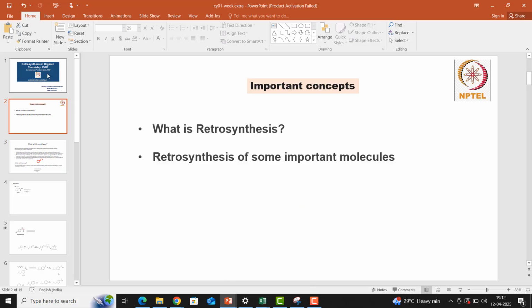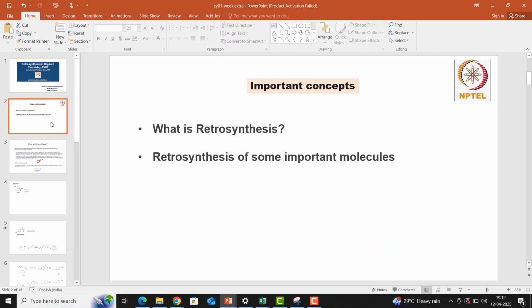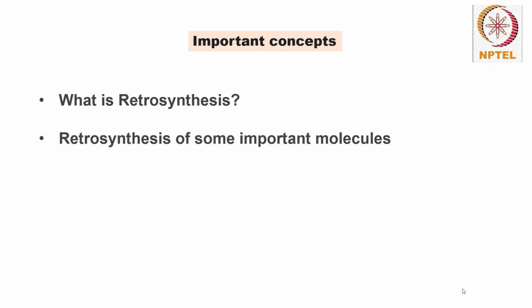So I will just repeat once. Today we will discuss what retrosynthesis is, and some retrosynthesis of some important compounds. Today we will mainly discuss molecules which are usually achiral.